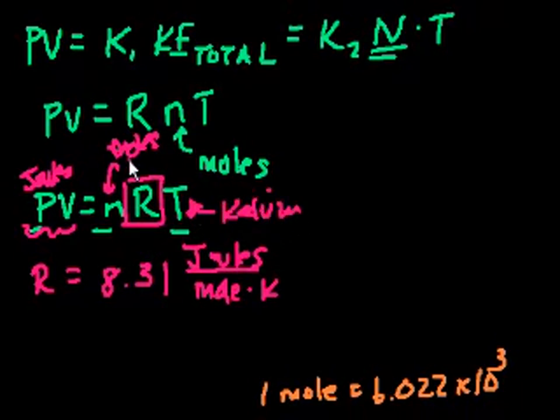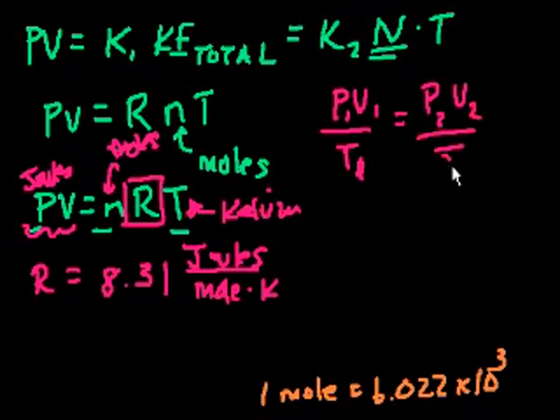And honestly, if you just memorize two things in all of thermodynamics, you'll probably be able to do 95% of problems, but you should also have the intuition of how they work. Just remember that PV over T is equal to a constant, so if you change them, they relate to each other: P1 times V1 divided by T1 is equal to P2 times V2 divided by T2.